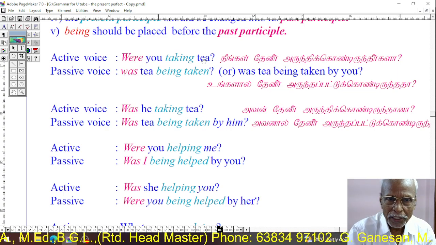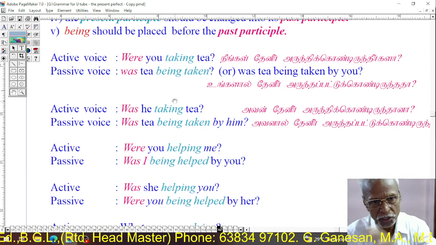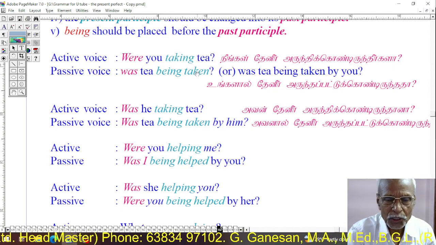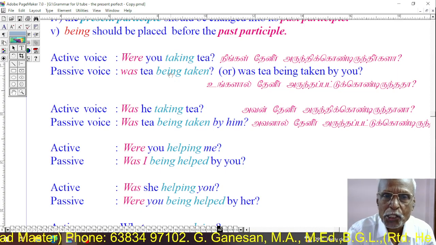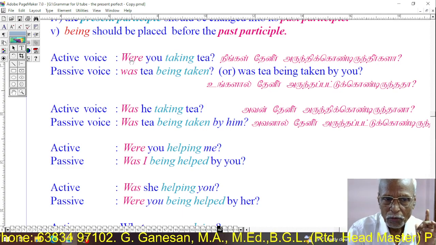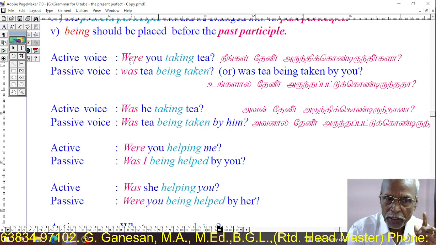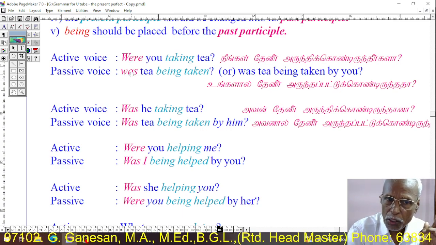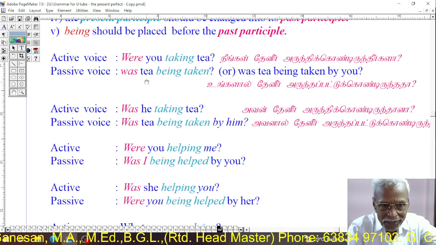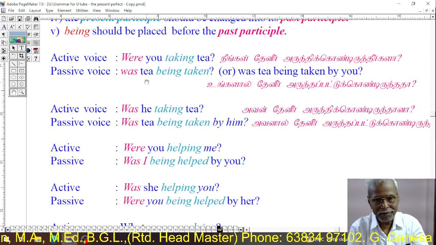So here the subject and the object have been interchanged, the present participle has been converted into past participle, and being has been placed before it. And "were" has been changed into "was", because here the subject is "you", here the subject is "tea". Like this, I have done all the examples.